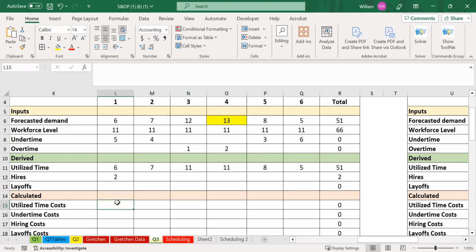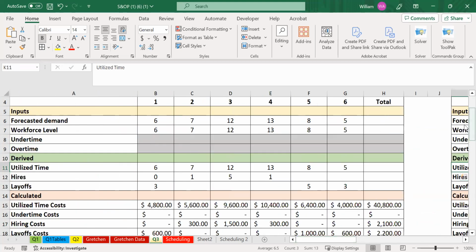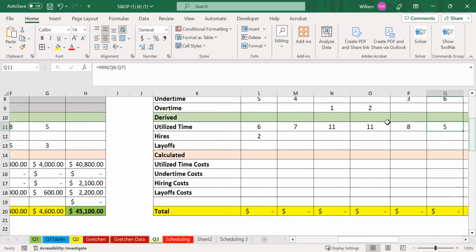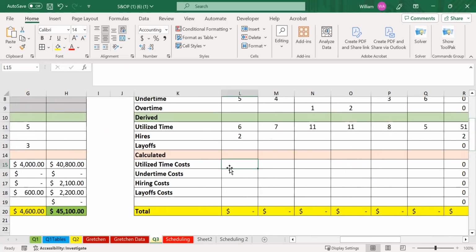Okay. Our utilized time cost will be the utilized time multiplied by the regular wages. And our wages here were $800 a worker. So this would equal 6 employees multiplied by $800 a month.